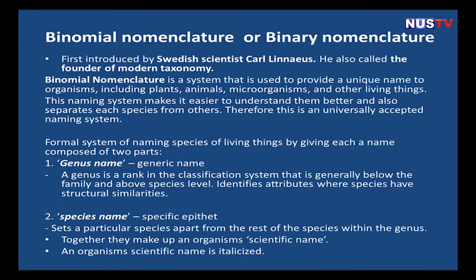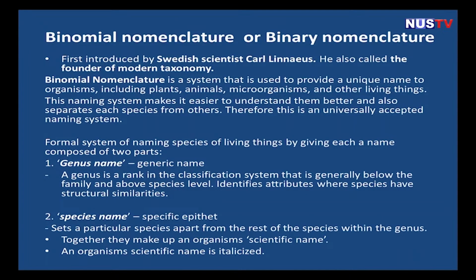Therefore, this is a universally accepted naming system. It is a formalized system of naming species of living things by giving each a name composed of two parts. So these two parts are the genus name and the species name.